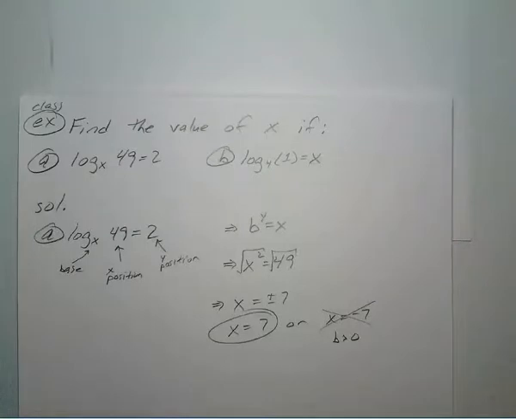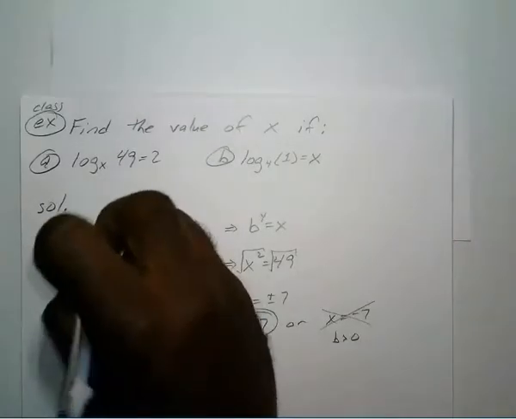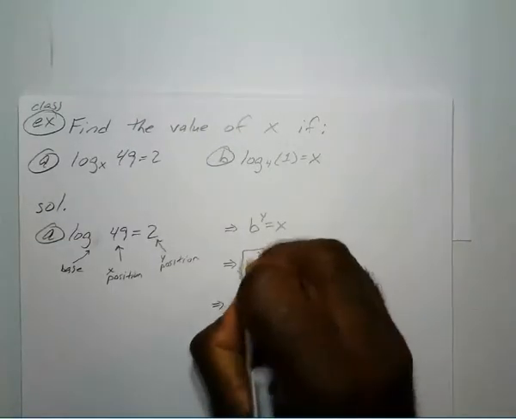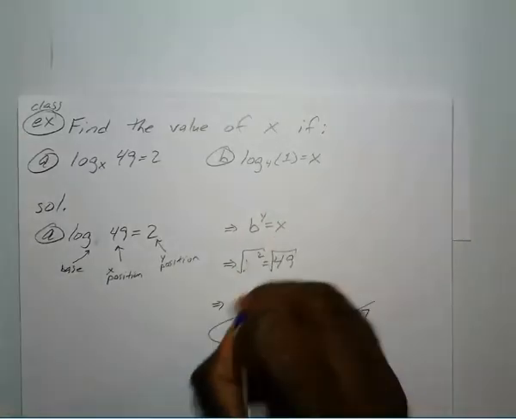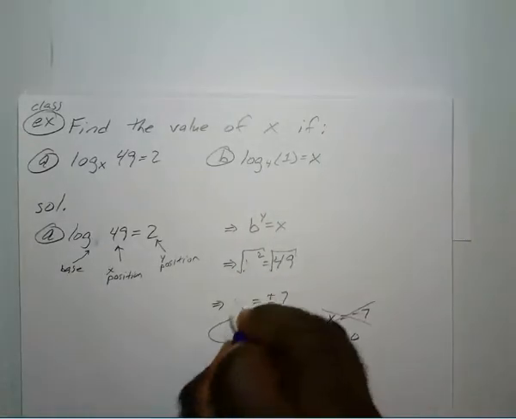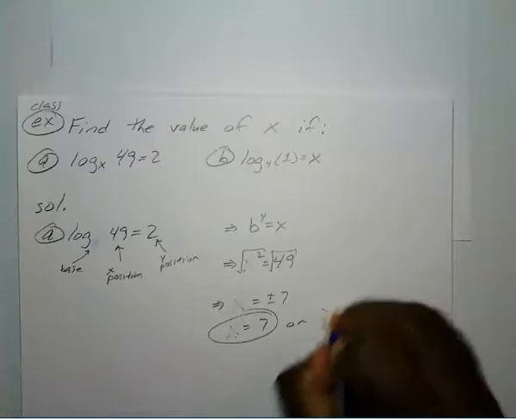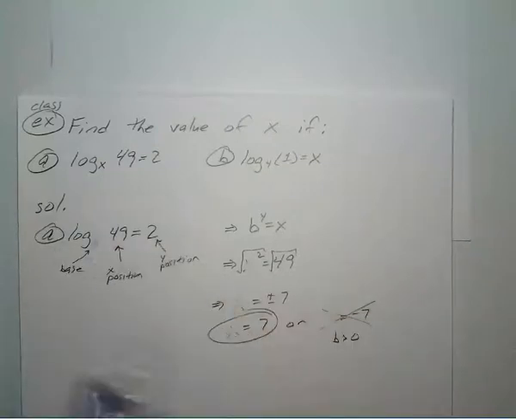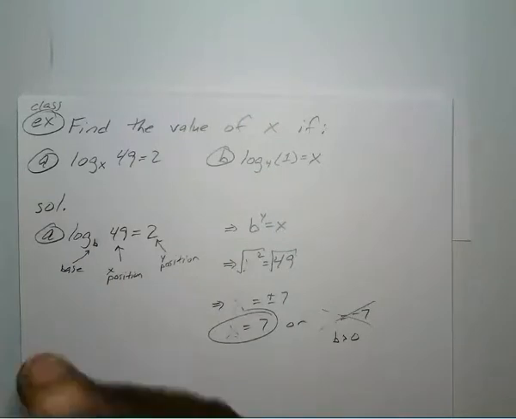Okay, and again, if you wanted to, instead of having x here to avoid confusion, you could have changed all those to a b. It doesn't matter, because remember that it's just a variable.